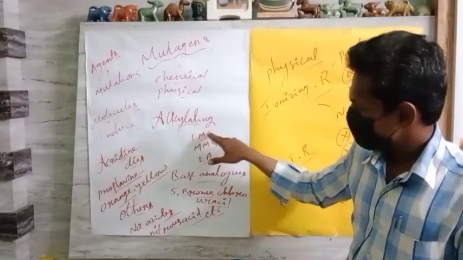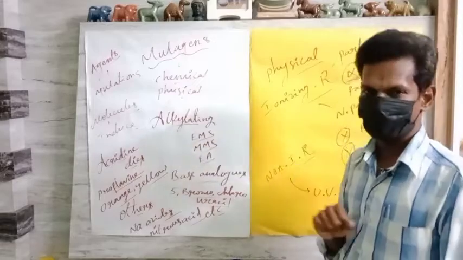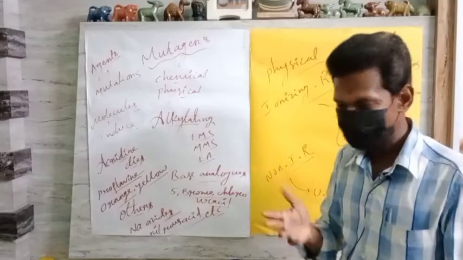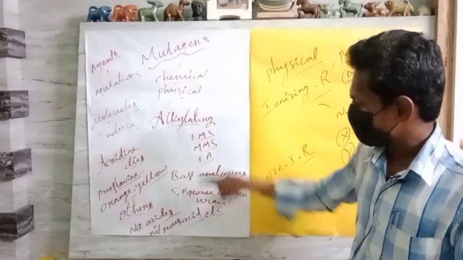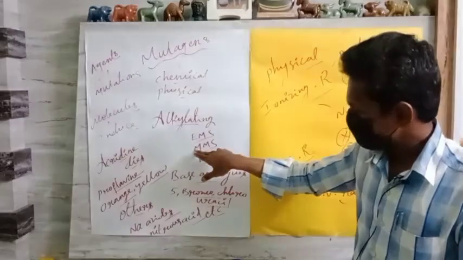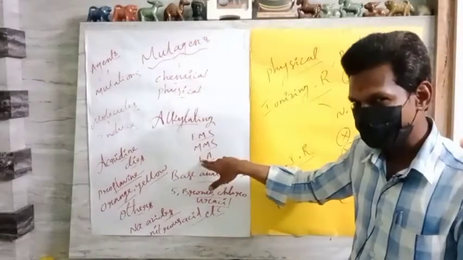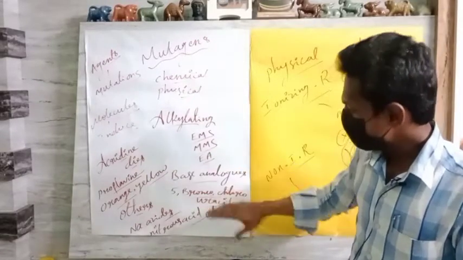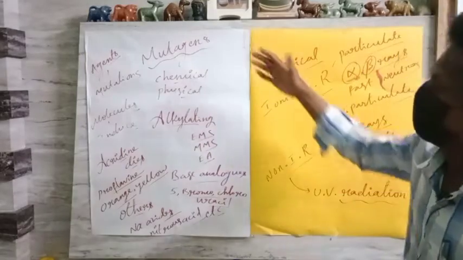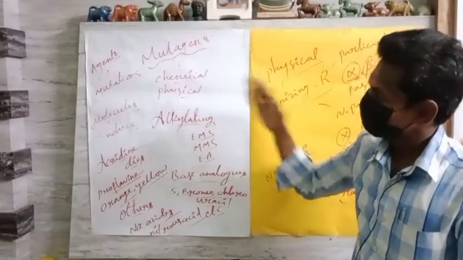Once again, EMS represents ethyl methanesulfonate, MMS represents methyl methanesulfonate, then EA represents ethyl amide. So these three hazardous agents or mutagens come under the alkylating category.